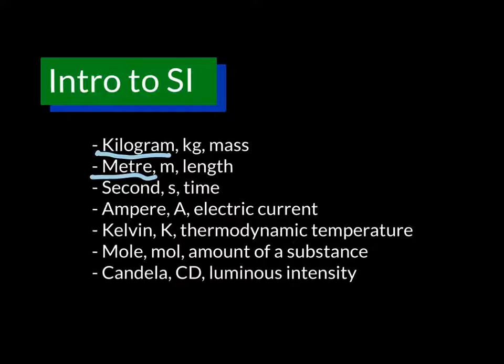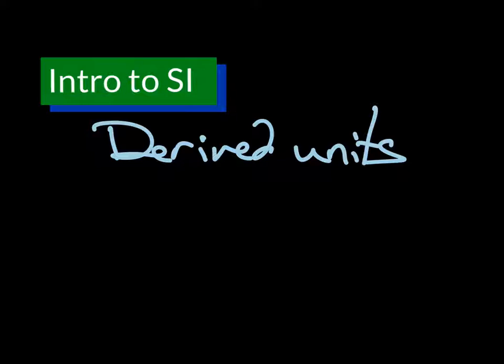Meters for length, seconds for time, amperes for electric current, Kelvin for thermodynamic temperature, we talk about degrees Kelvin, moles for the amount of a substance, and candela for luminous intensity. And you'll probably never use all of these, but depending on your trade, you will use some of them.